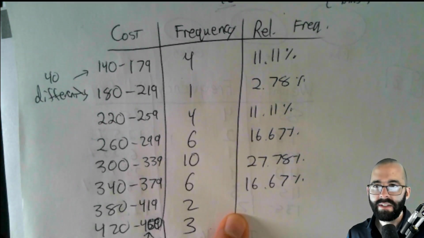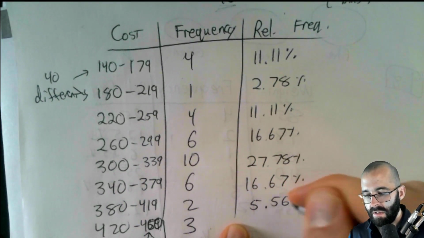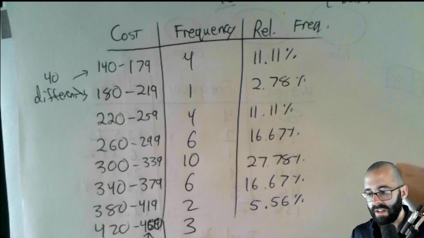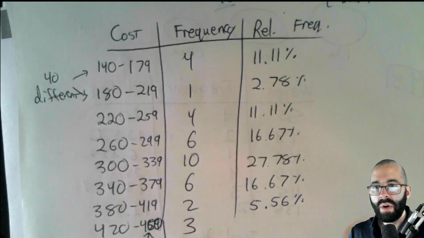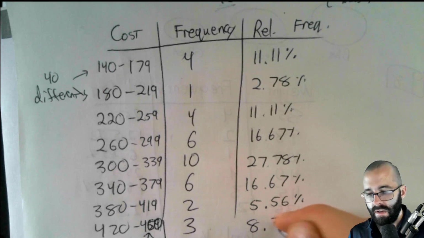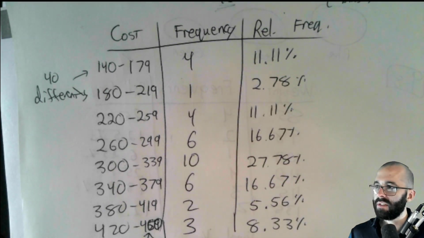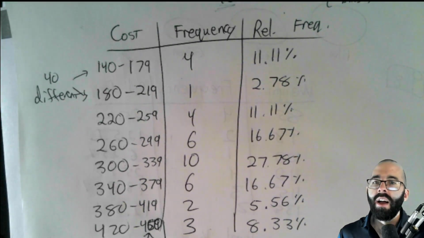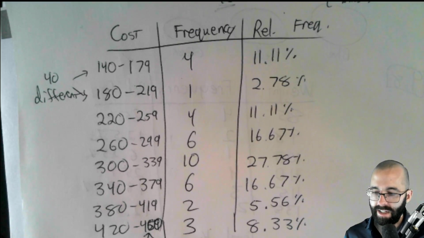I just go through all these again. It's kind of boring. Make sure you're rounding correctly on these. And then 3 out of 36 is 1/12. There we go. Got our frequency table, got our relative frequencies. We haven't finished the problem yet, though, because it does want us to get a histogram as well.